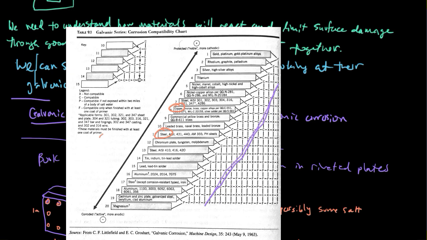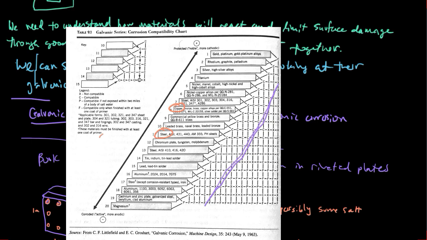Okay, so if we have this very reactive element in a large area of copper, then it actually becomes much more active in this case because there's so much more copper than there is steel, and because the steel is more reactive, then they'll corrode a lot faster.